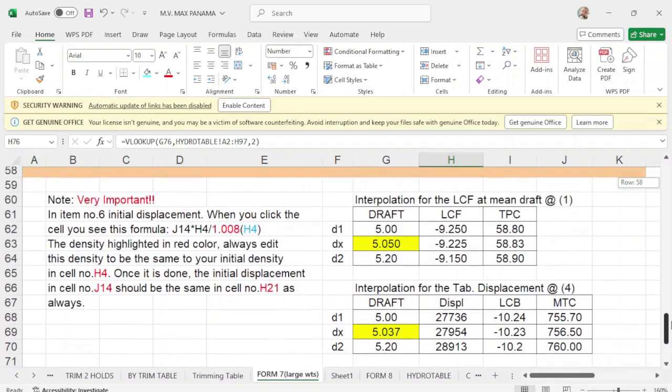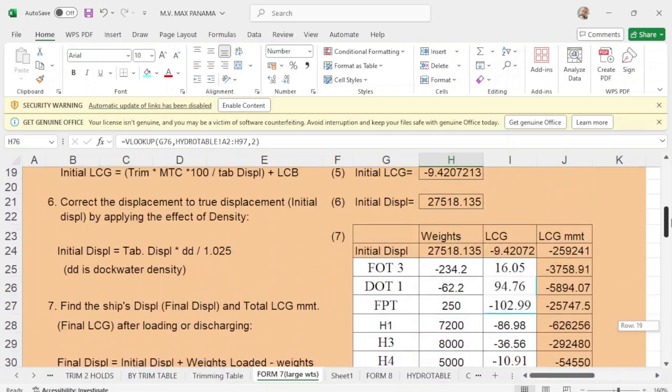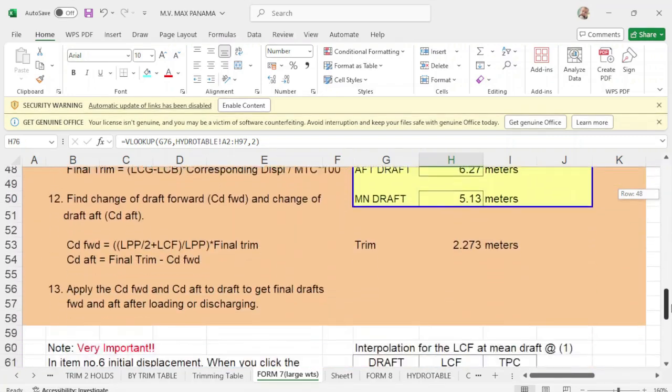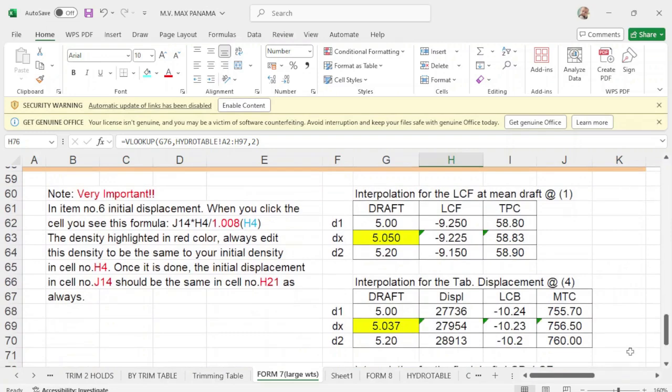Here we are. LCB is negative 10.23, and your MTC is 7565. Or you go to the other side table.